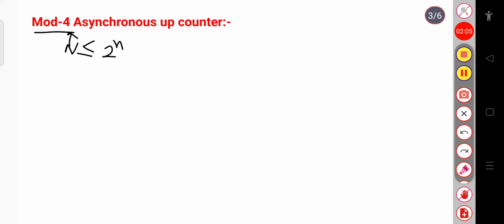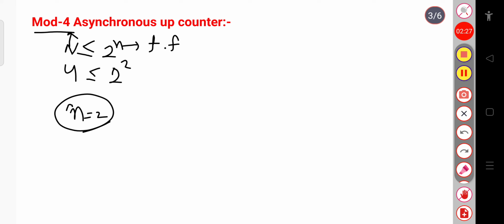So here capital N represents the number of counts, and this small n represents the number of flip-flops. So here 4 will be less than or equal to 2 power 2, so 4 equals 2 power 2, and the value of n equals 2. That's why we can use 2 flip-flops to construct this mod 4 asynchronous counter.